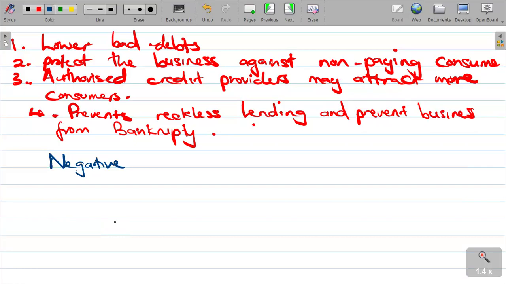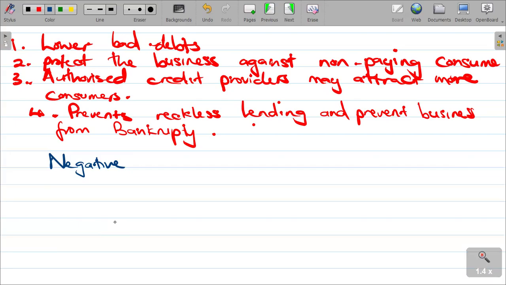It increases the administrative burden on credit providers, for example, paperwork is needed. The business needs to appoint additional staff to deal with the extra administration.